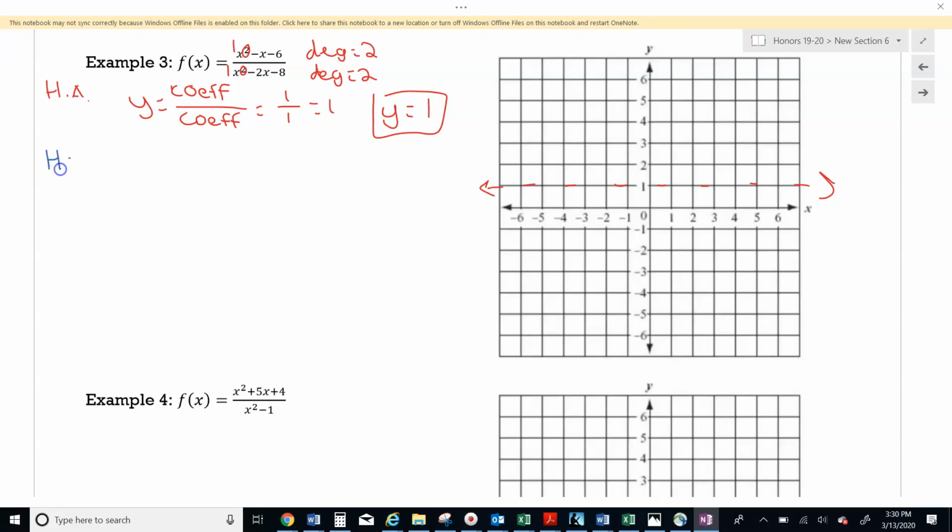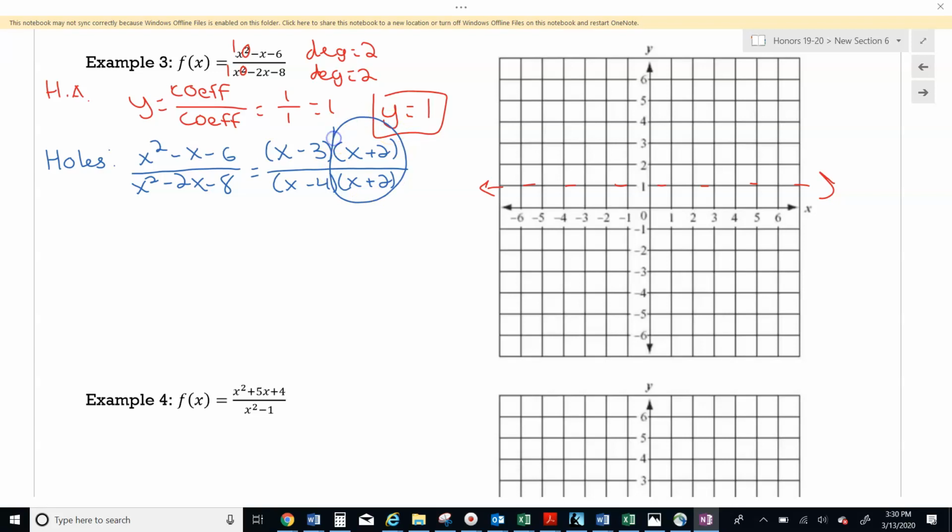Then holes. I want to get this factored. x minus 3, x plus 2, and x minus 4, x plus 2.